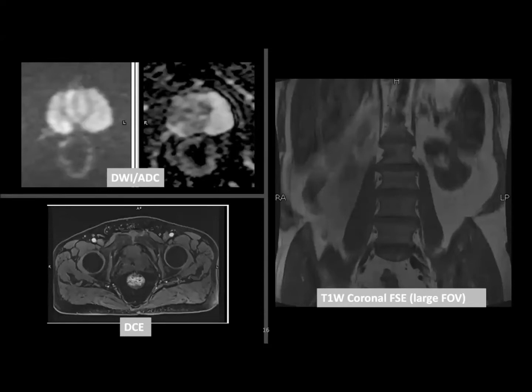Here we can also calculate the ADC value of the lesion, and if it is less than 600 millimeters per square, then it is definitely significant. Lower left, this is dynamic contrast enhanced acquisition, which is acquired on a fat suppressed T1 weighted sequence. It is dynamic and acquired in an axial plane. And on the right, we have a larger FOV T1 weighted sequence.